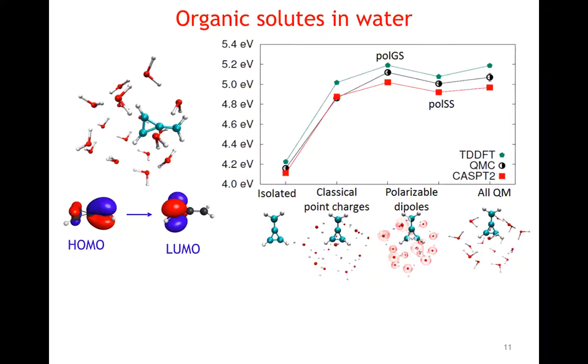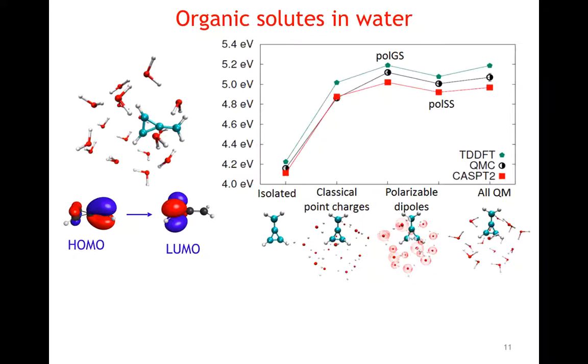On the plot, we can see the trend of the excitations in different embedding conditions. At the extreme left of the plot, we have the isolated molecule, and we see, as expected, that when we describe the environment with classical point charges, we have a very strong blue shift.